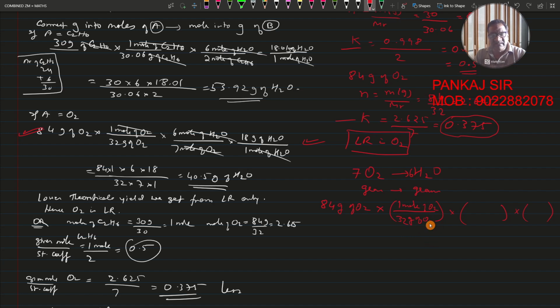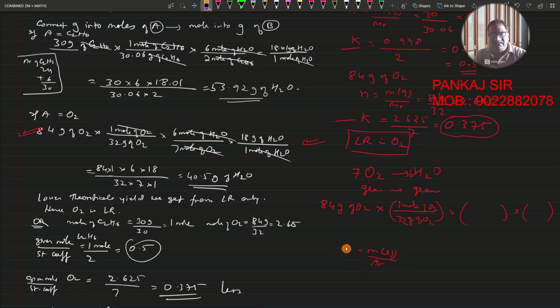This is nothing but the formula n is equal to mass in grams upon Mr. So 32 grams, that is Mr in terms of grams, is also known as gram molecular mass, so that itself is 1 mole. So 32 grams of oxygen is the same as 1 mole. So in the first bracket, I'm going to write 1 mole of oxygen upon 32 grams of oxygen.